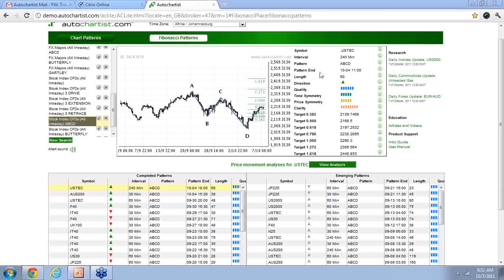And typically what you want to do, for example, if you're following an ABCD pattern, when you get the signal here that D is forming, and you want to go counter trend, obviously the first stop is this point under D, because it represents a point where the trend will turn. And again, this is for trading.